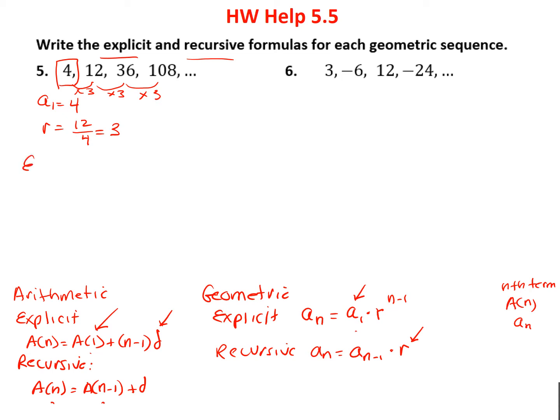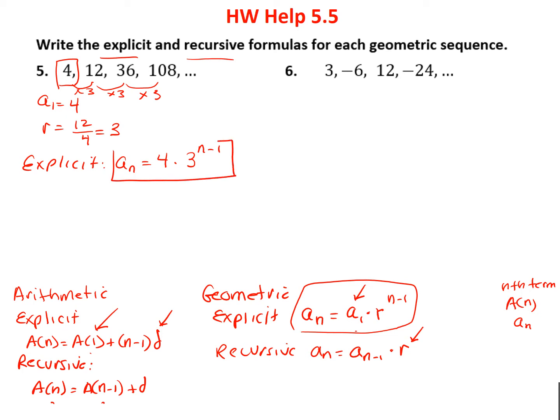To write the explicit, look down here, here's my explicit, a sub n, the nth term, is equal to the first term. So I put in the number 4. And now next is my common ratio, 3. And that is to the n minus 1 power.